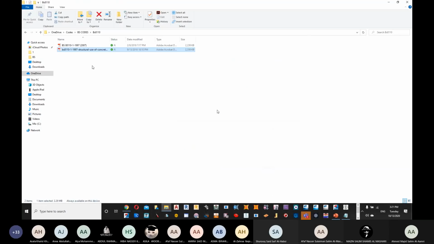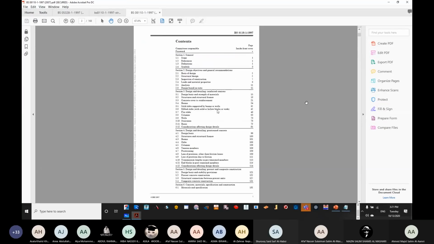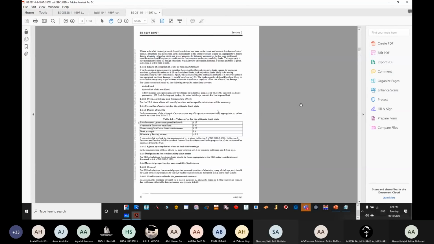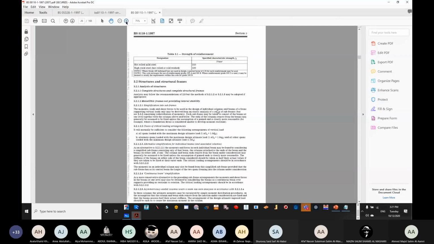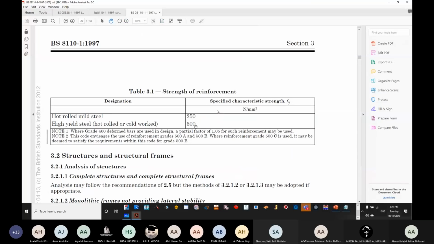And the new version of the BS 8110 says you need to use 500. Now, if you go to the construction market right now, you don't find 460. You find 500. And most of the new software are only considering 500 now. That's why when we opened TechNet, it was 500, but they changed it later to 460.